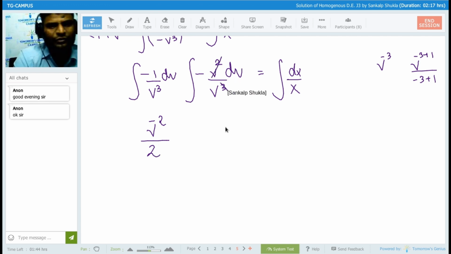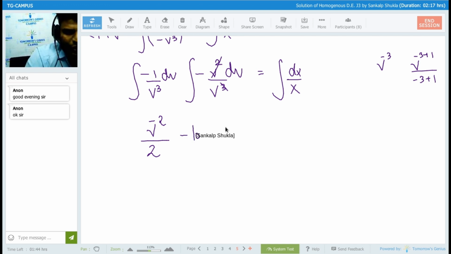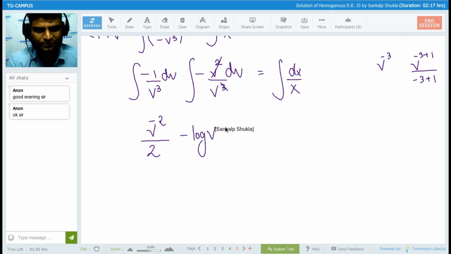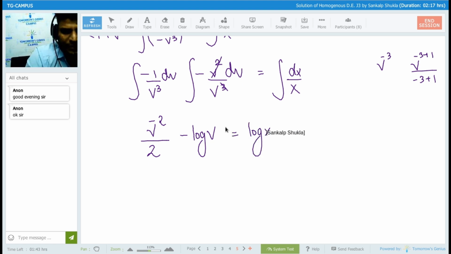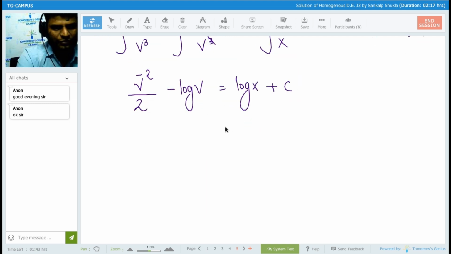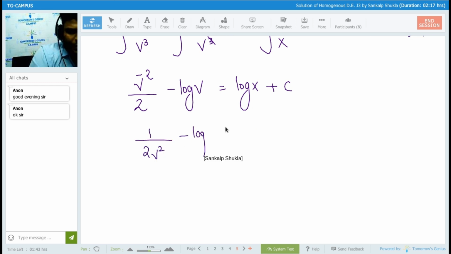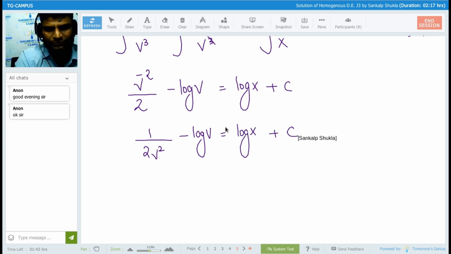Similarly, this is 1 by v only, so this is minus log v. 1 by v dv is log v and this is log x similarly, plus c. Okay, so we can write this as 1 upon 2v square minus log v is equal to log x plus c.